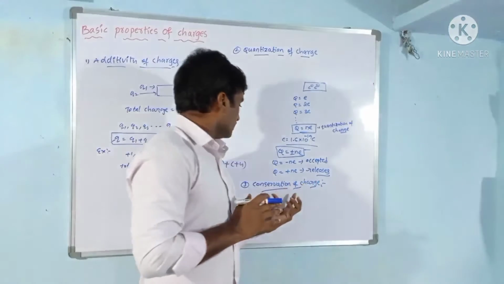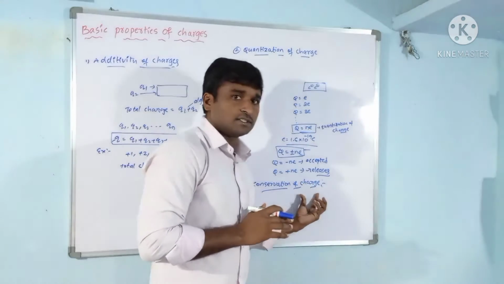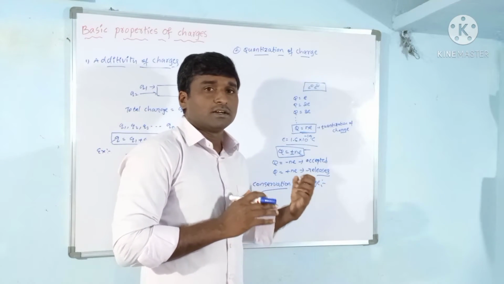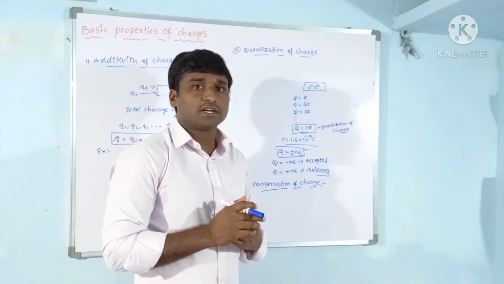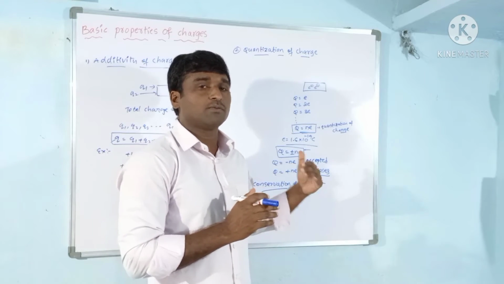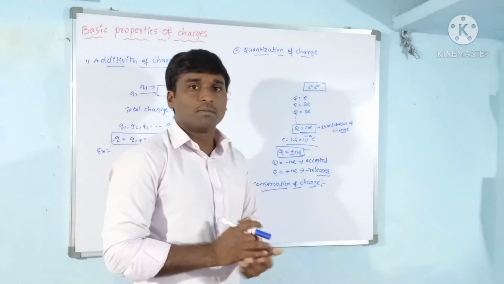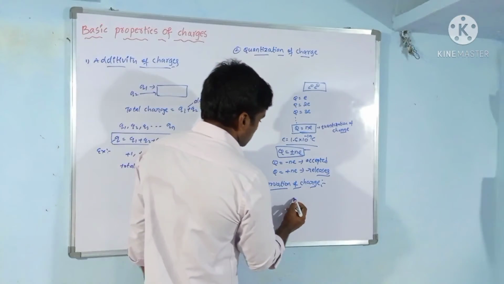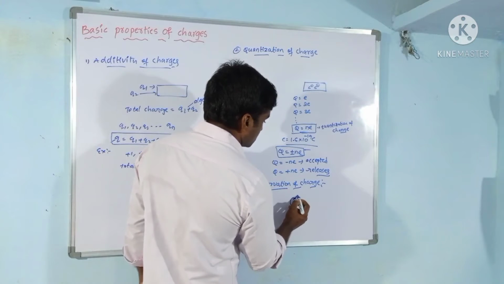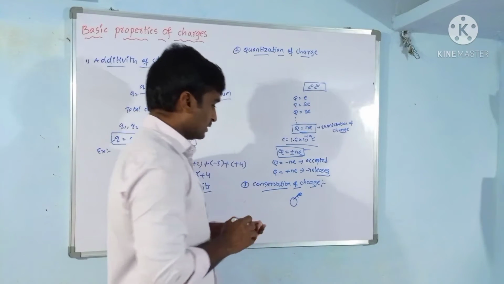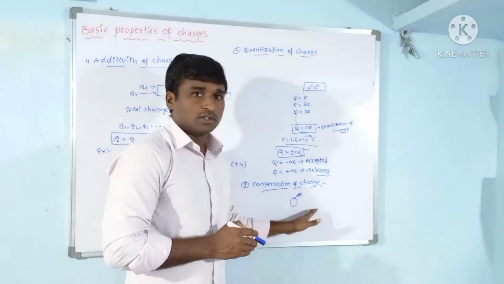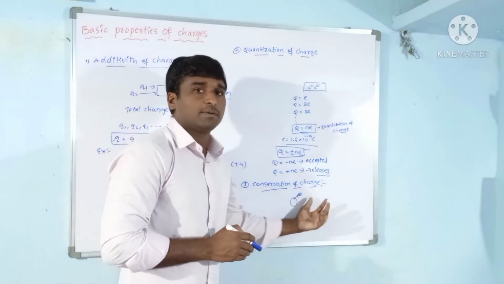Like that, conservation of charge. That means we cannot create, we cannot destroy the charge, but we can transfer the charge from one body to another body. Suppose this is a body. This body loses some electrons. That means this body lost the charge. This lost charge is gained by another body.